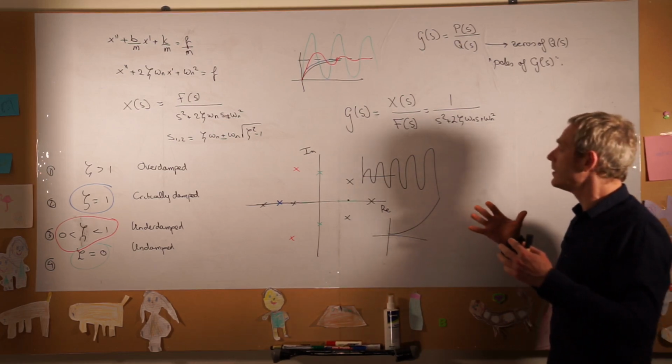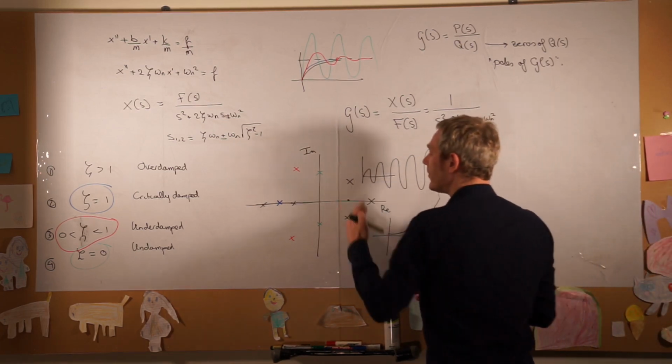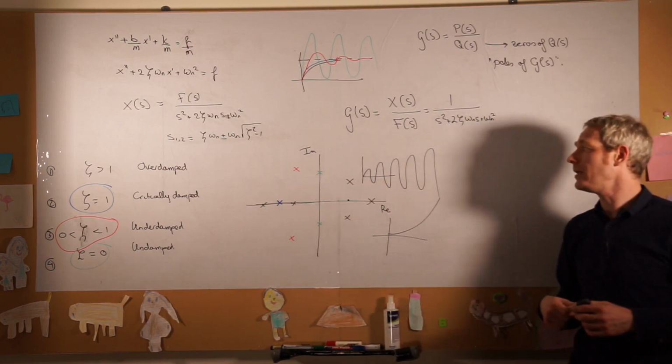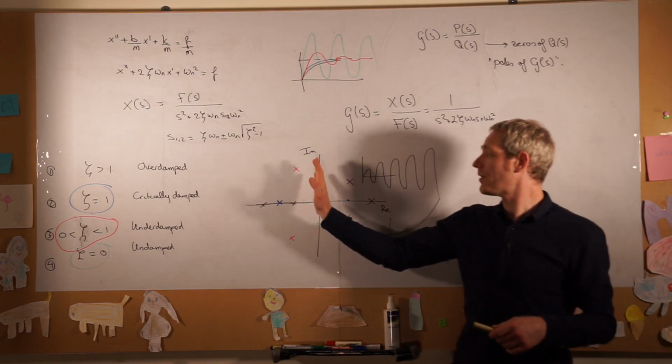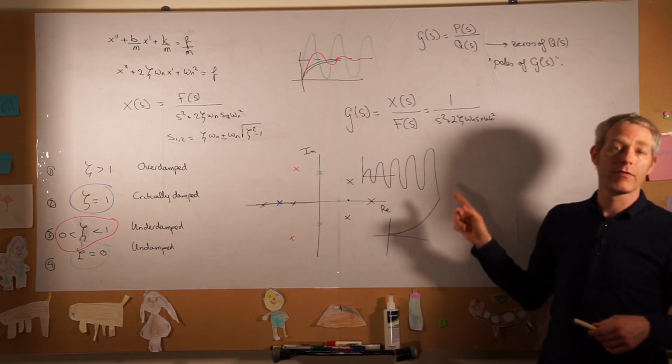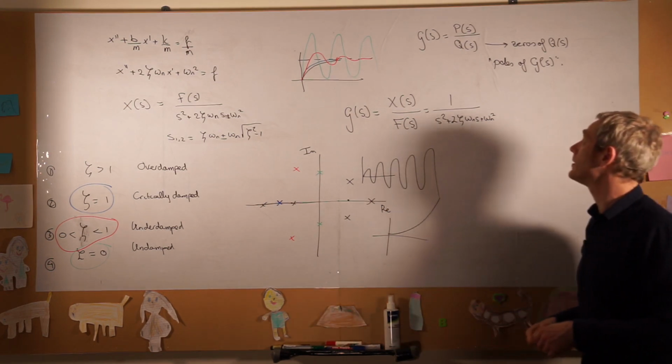But everything still holds true. If there is any pole in the right hand side, the whole system will be unstable. It doesn't matter if there are 10 poles on the left hand side and 1 on the right hand side, that will force our system into instability.